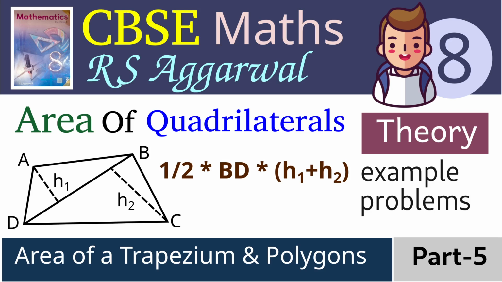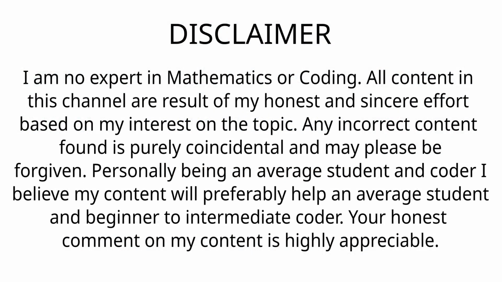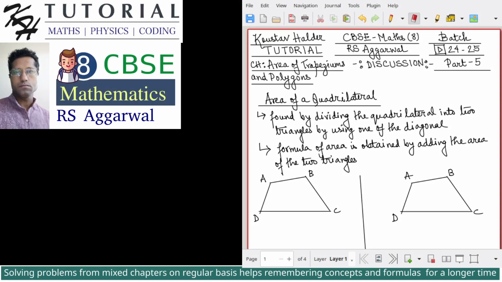So let's get started with the part 5 video in discussing how to find the area of a quadrilateral. We have already discussed how to find the area of a trapezium and isosceles trapezium in the previous videos.